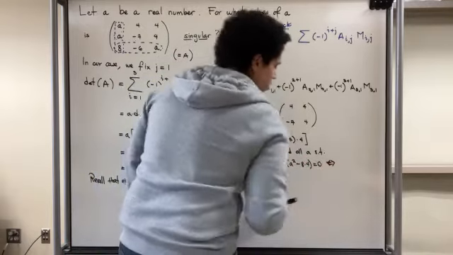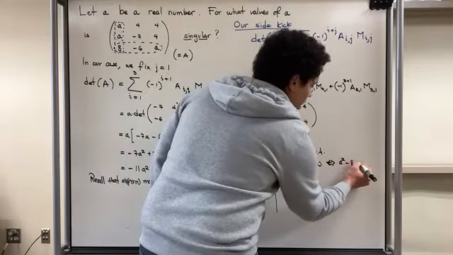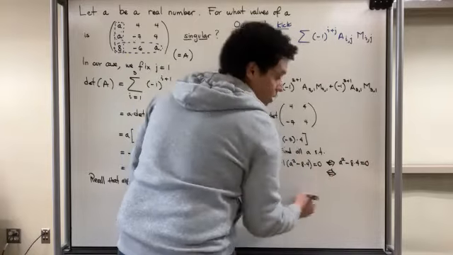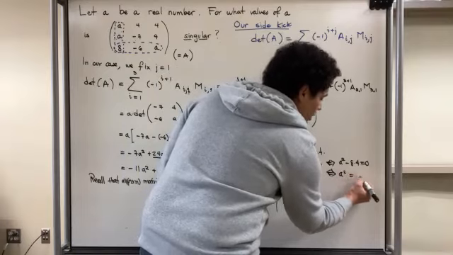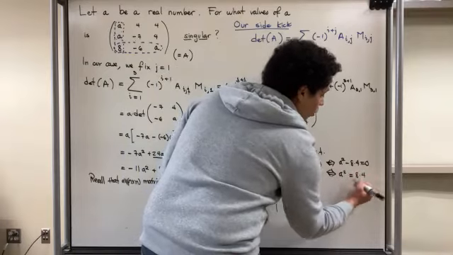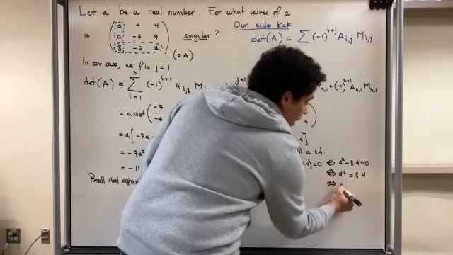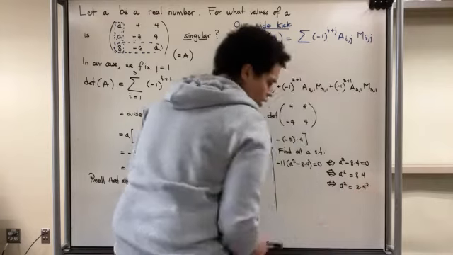But this is equivalent to saying that a squared minus 8 times 4 is equal to 0. But also, this is the same as saying that a squared is equal to 8 times 4. Oh, but this is the same as saying that a squared is equal to 2 times 4 squared.